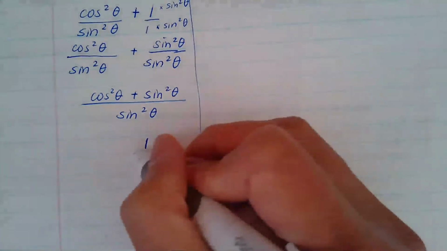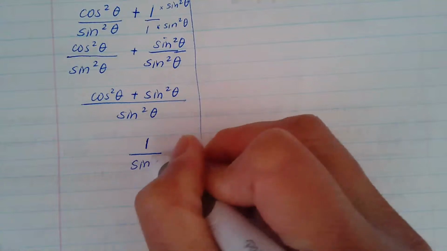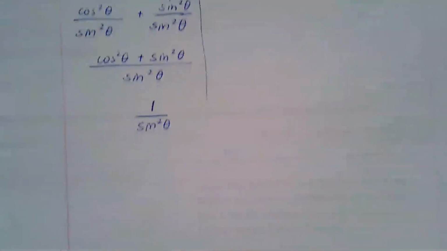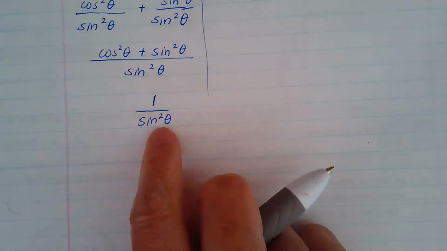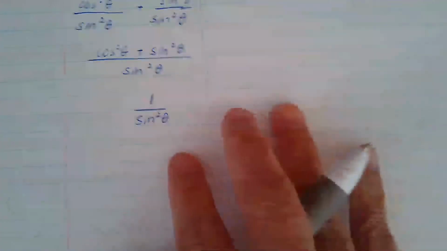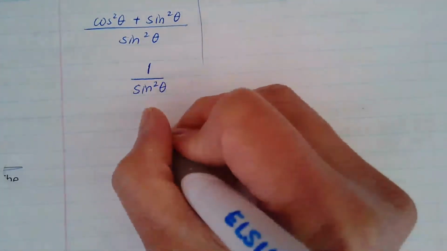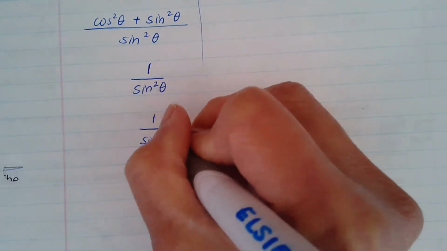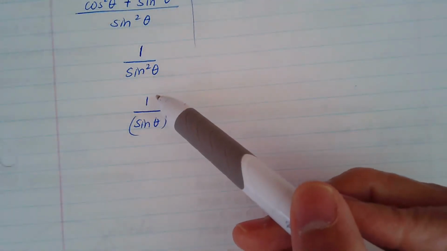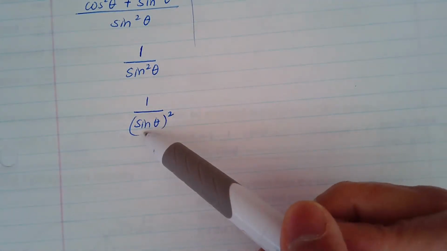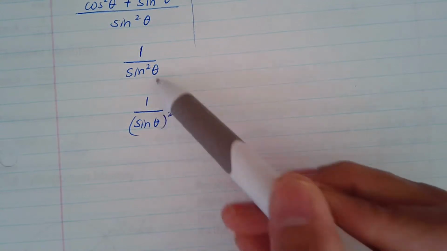So 1 over sine squared theta is the same thing as 1 over sine theta, all squared.